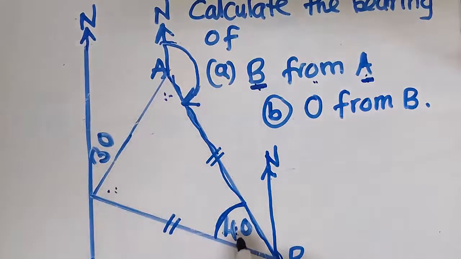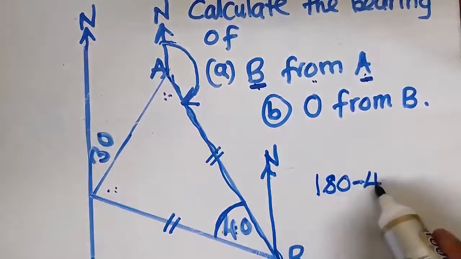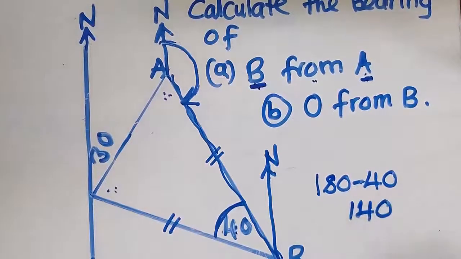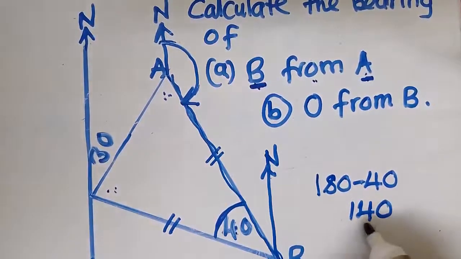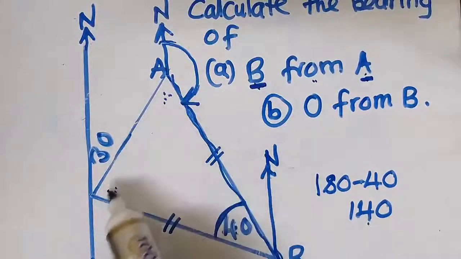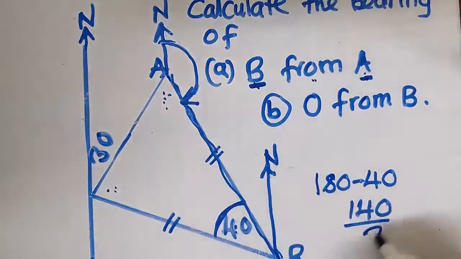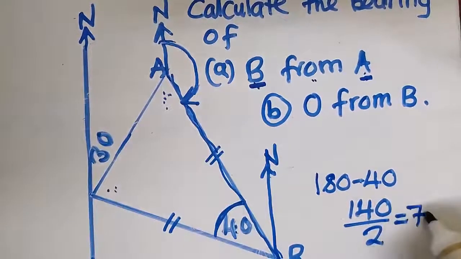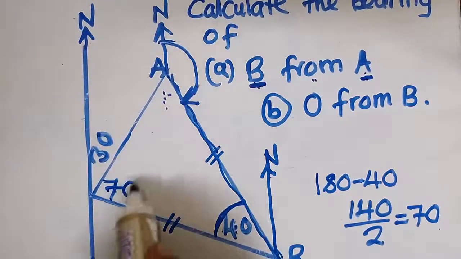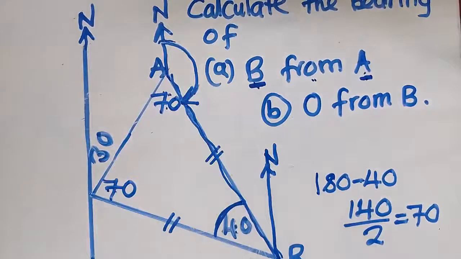We already have a 40 there. So when I say 180 minus 40, what am I going to get? I'm going to get 140. This 140 is being shared by these two. So when I divide 140 by 2, I'm going to get 70. Which means that here I've got 70. Even there I've got 70. Have you seen the way I've done it?